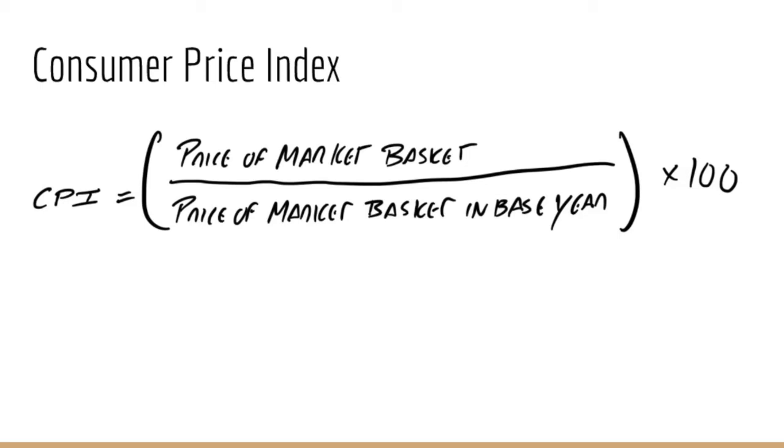Well, our CPI, or consumer price index, equals the price of the market basket, which we calculated in our guided practice before, divided by the price of the market basket in the base year, times 100 to get us to that index number. Right? So yet again, our CPI equals price of our market basket divided by price of our market basket in the base year times 100.